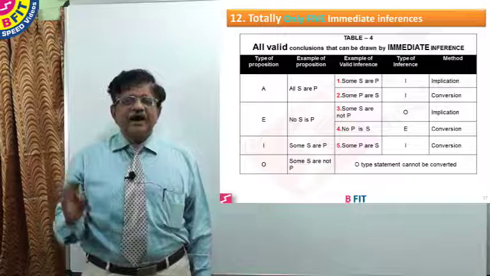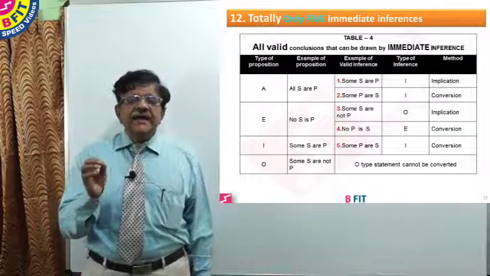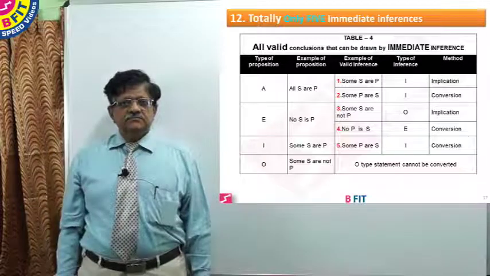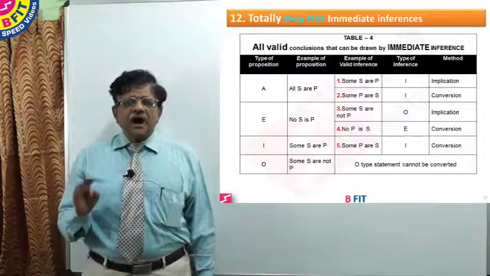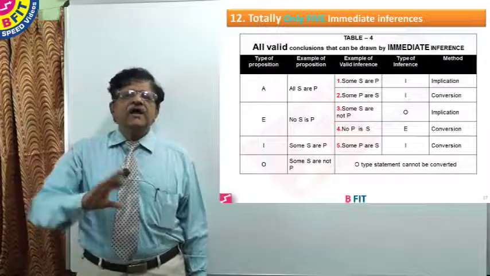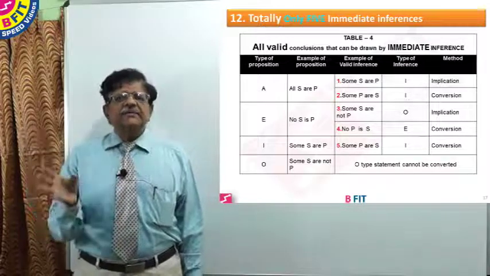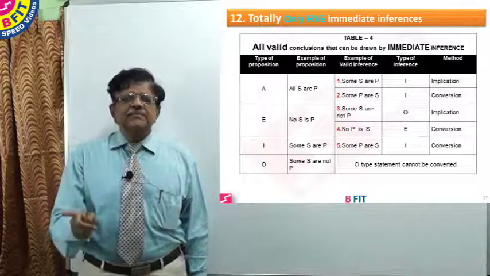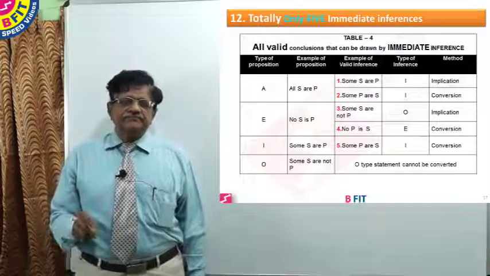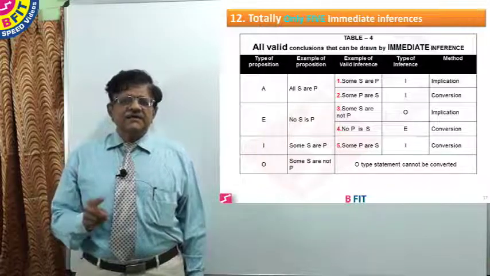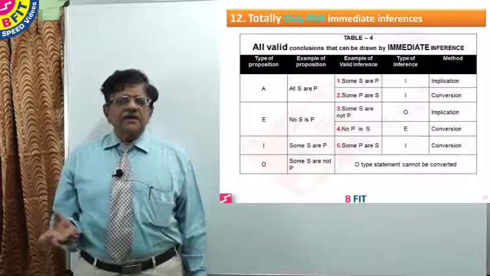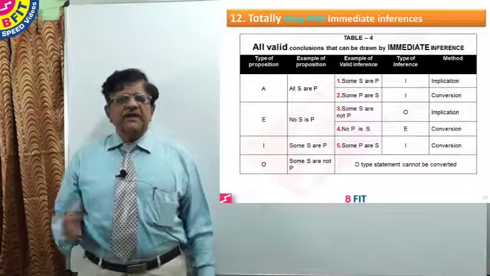look here, this is an A-type logical statement. You should understand it as all T are M. You should not interpret it as all tables are monkeys. What the examiner is telling you is, this is an A-type logical statement and you should interpret it as all T are M. When the examiner says no monkey is a donkey, you should not have any confusion between monkey and donkey.